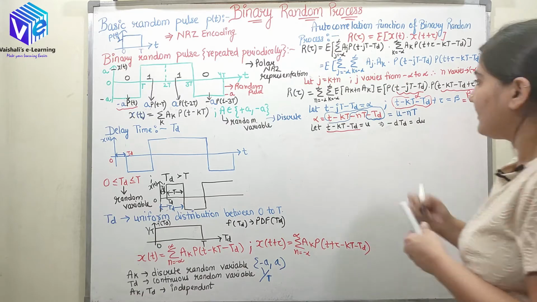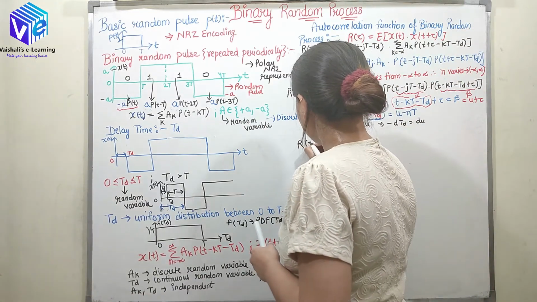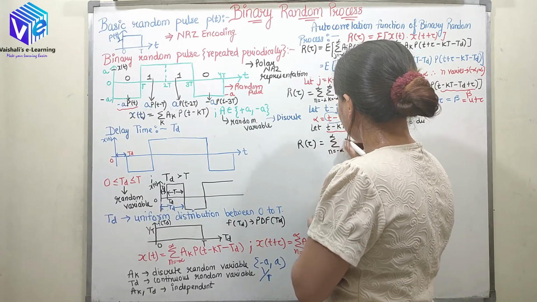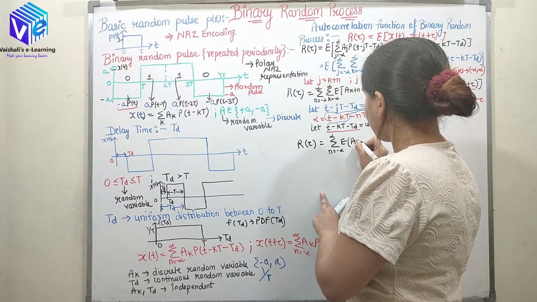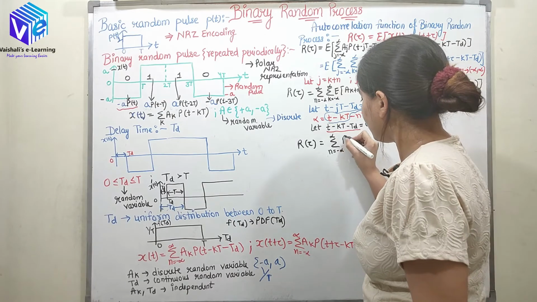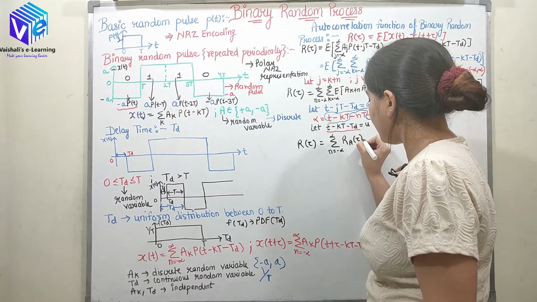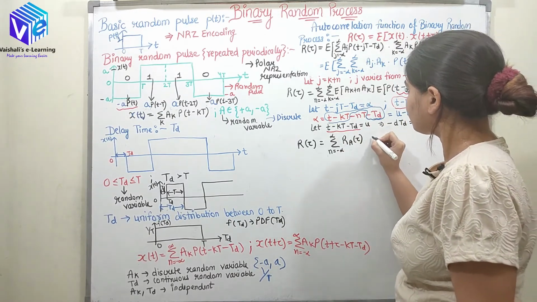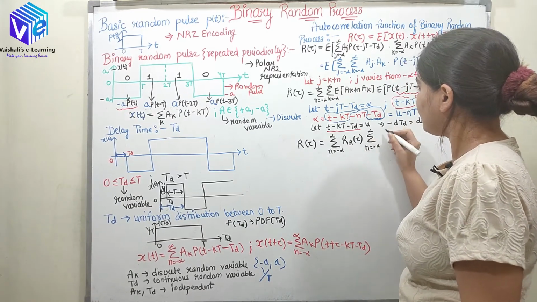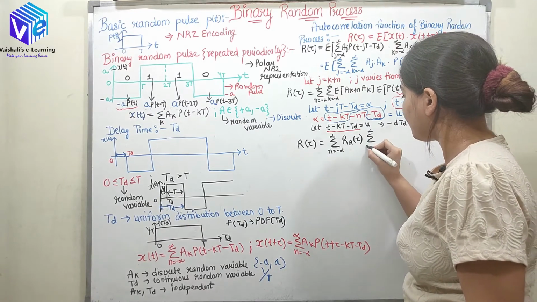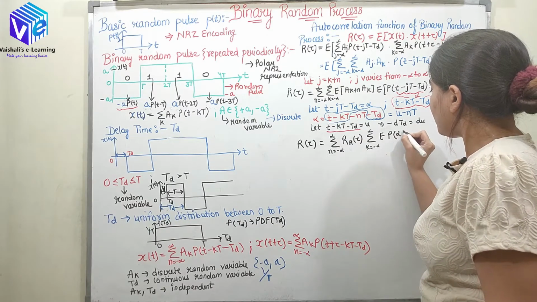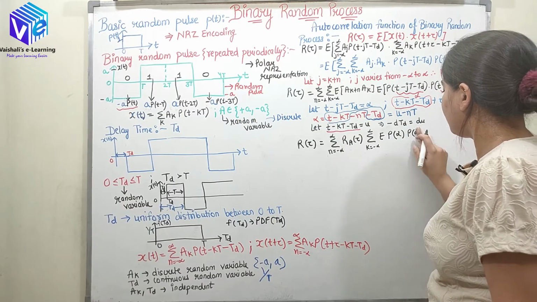So now here I have R of tau equal to summation n equal to minus infinity to infinity E of a_{k+n} into a_k. I have already told you I can represent it in terms of the autocorrelation function of a. Now here I have summation k equal to minus infinity to infinity, sorry, this is k because n I have already taken, so it is E of p(alpha) into p(beta).